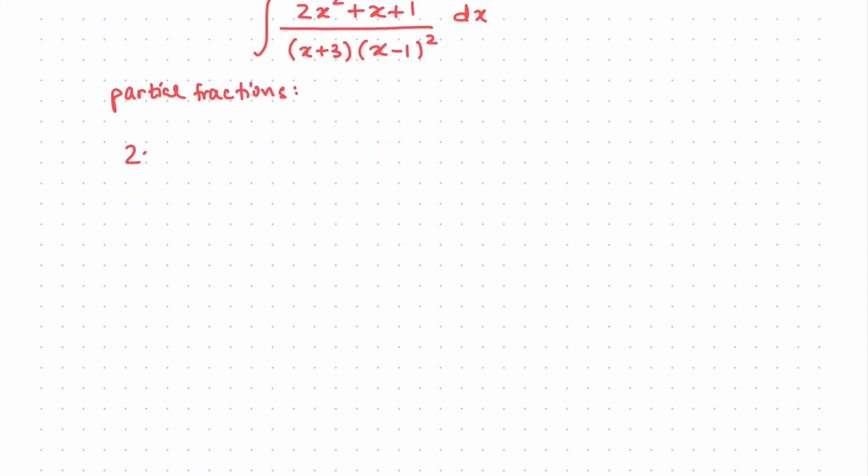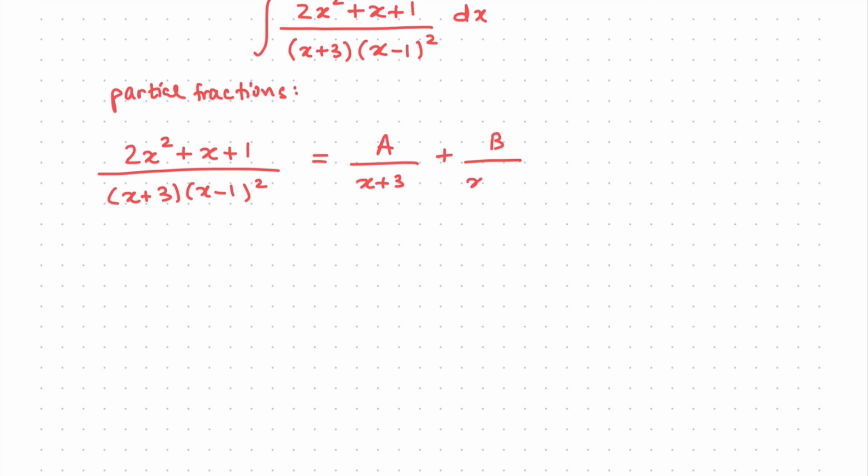So this whole fraction, 2x squared plus x plus 1 divided by x plus 3 times x minus 1 whole squared, can be written as A over x plus 3, which is a linear factor, plus B over x minus 1, which is also a linear factor, but x minus 1 is a linear factor of multiplicity 2 because we have a power of 2 here.